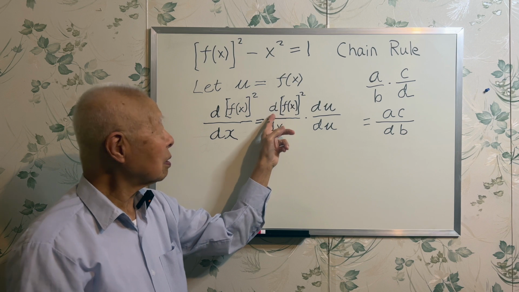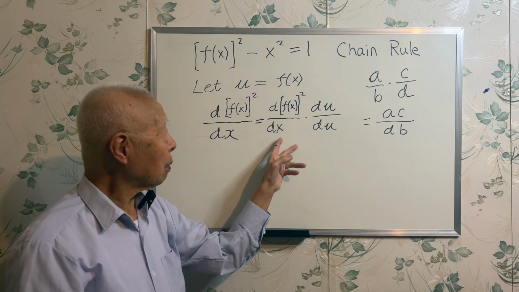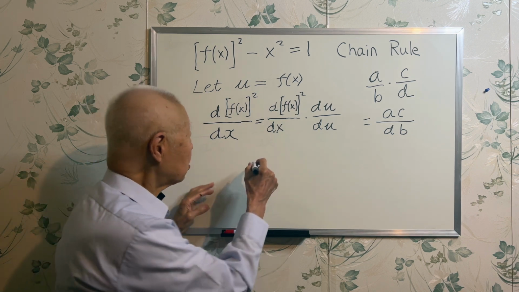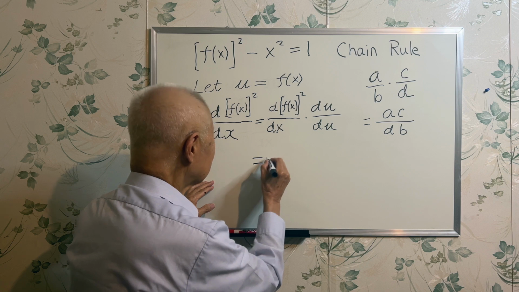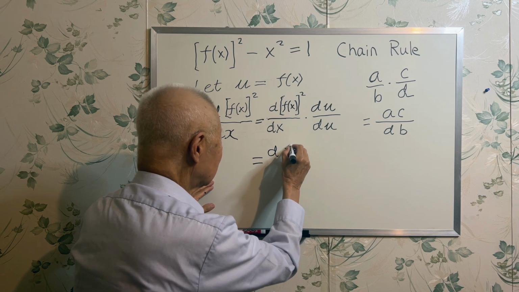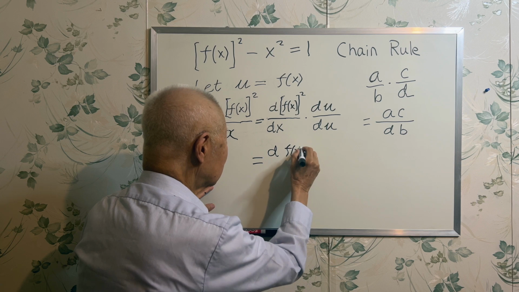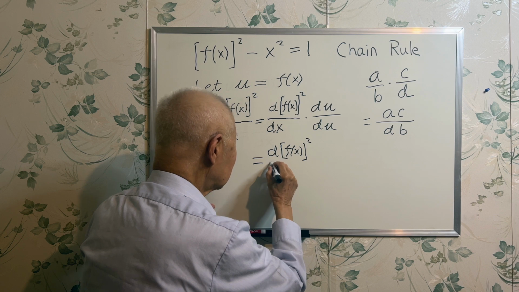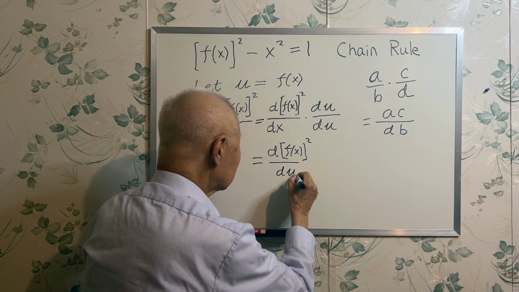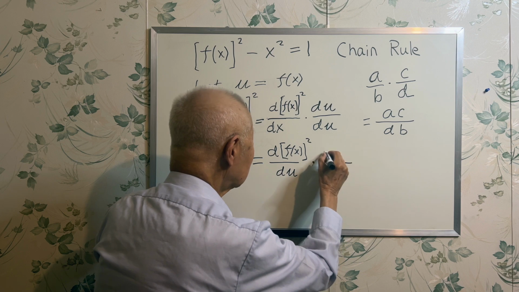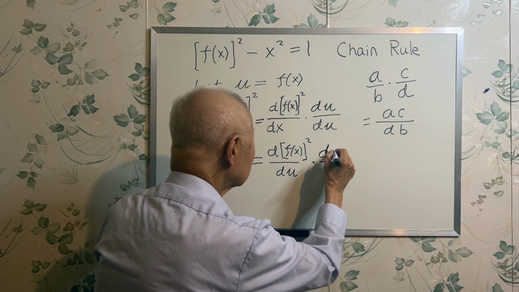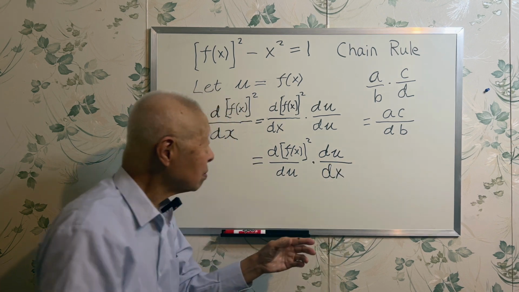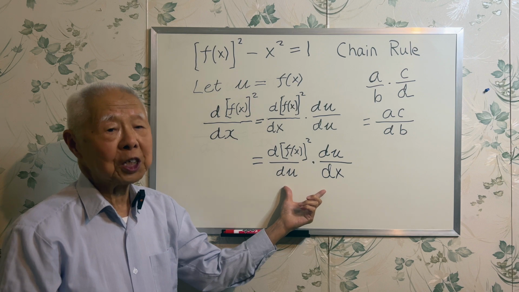So the top, I keep it, but the bottom, I switch dx and du. Therefore, switch the denominator.